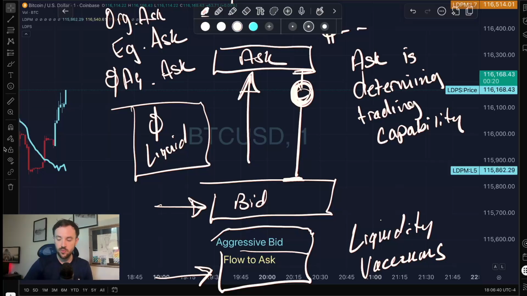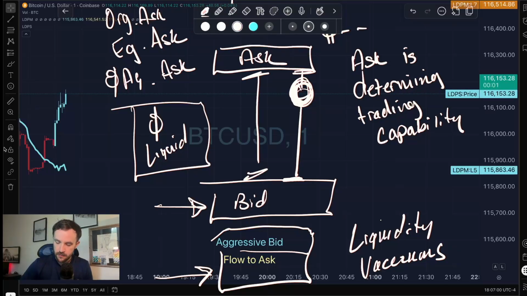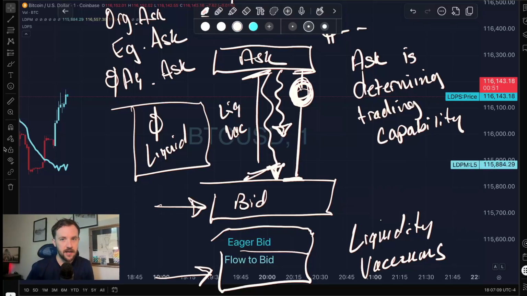Then what happens when this eager bid disappears, right? It kind of becomes the opposite. The liquidity, which was centered at the ask, and the ask is the one determining if trades can go through, suddenly disappears. You're suddenly left with this giant chasm or liquidity vacuum that the eager ask is now going to have to traverse down, or even the aggressive ask, in order to transact. So you'll start seeing the nexus of liquidity start moving back down to the bid.